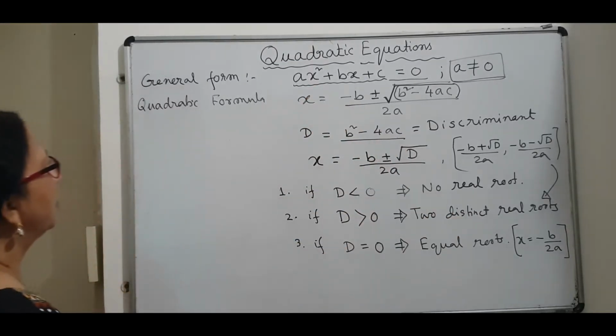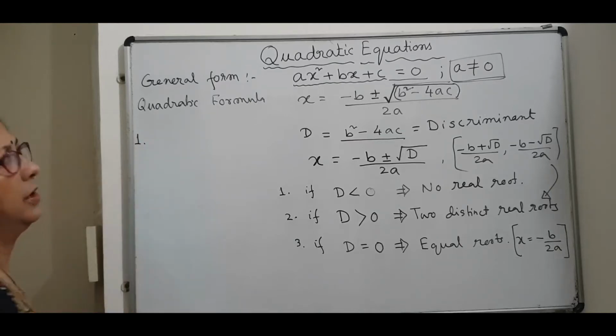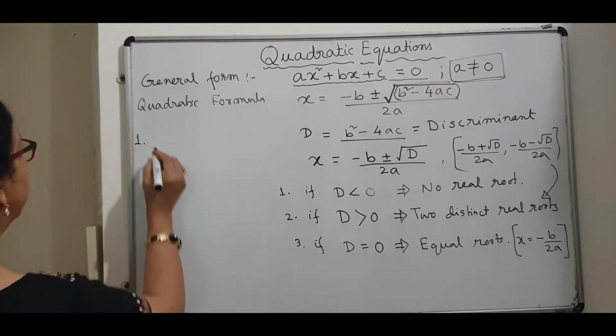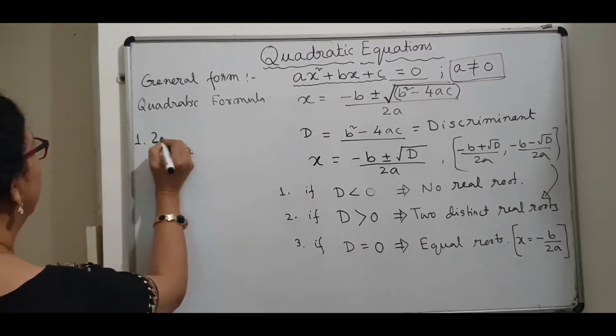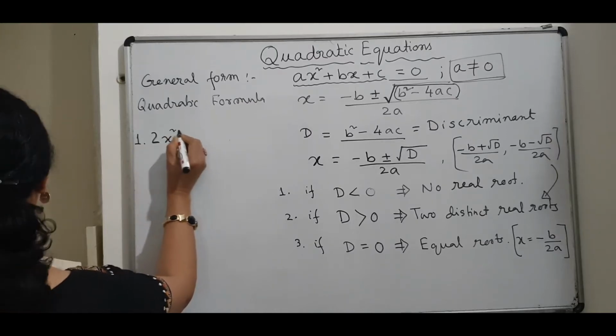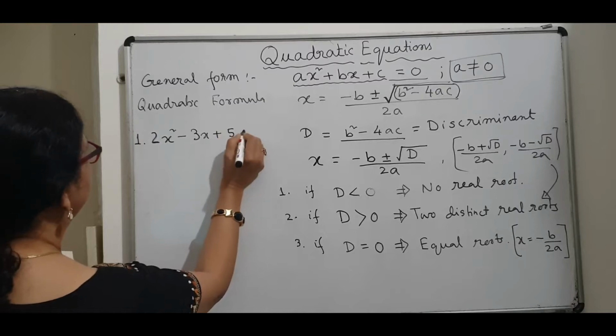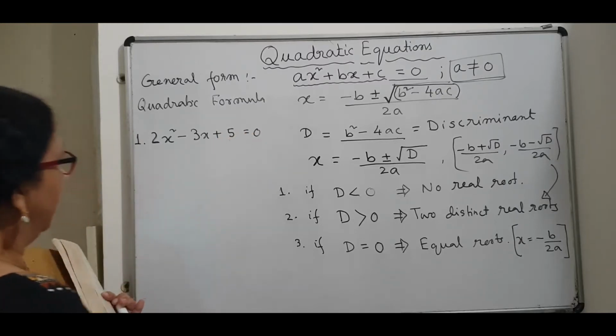Let me take the first question from the NCERT book, exercise 4.4. The quadratic equation is 2x square minus 3x plus 5 is equal to 0.